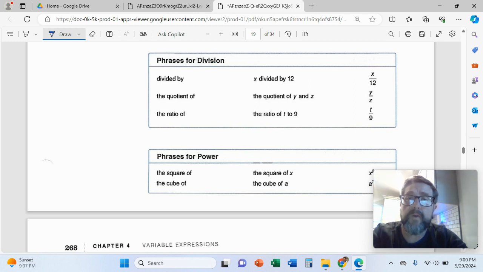Okay, divided by. x divided by 12. That's just x over 12. And they are doing division now with this line. Generally, since I've been doing algebra, I really don't ever do division like this.